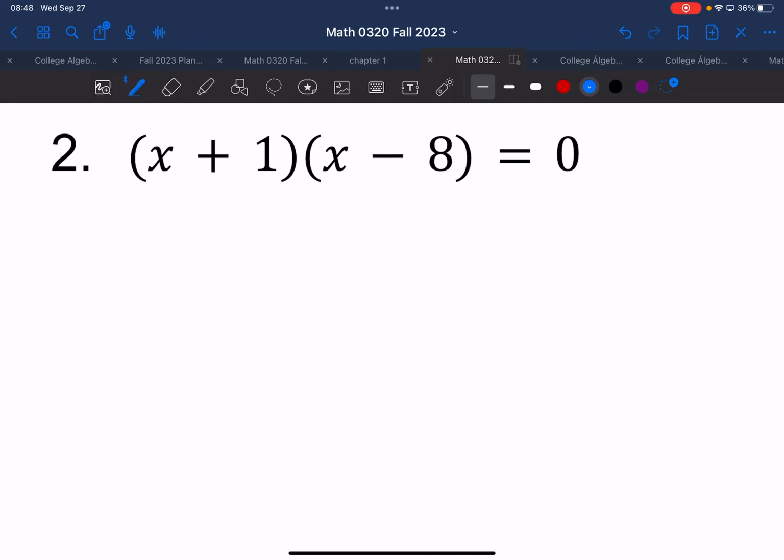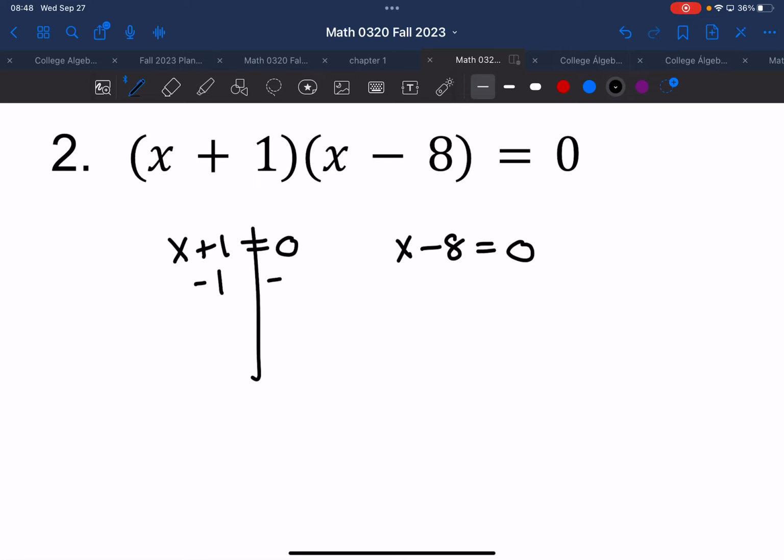Okay, so for number 2, we're going to do the same thing. We're setting each parenthesis equal to 0 separately, and we're going to get our answer. You don't need to check your work unless you feel like you need to. So I have x plus 1 equals 0, x minus 8 equals 0. Once I have them both set equal to 0, I solve.